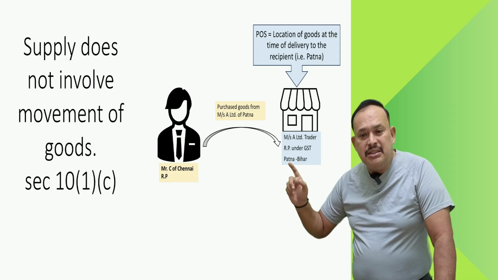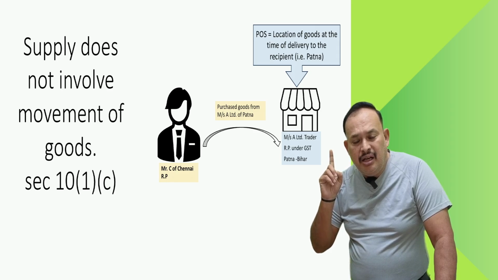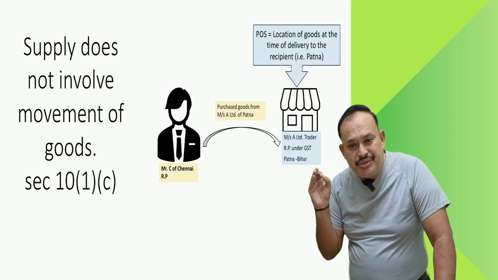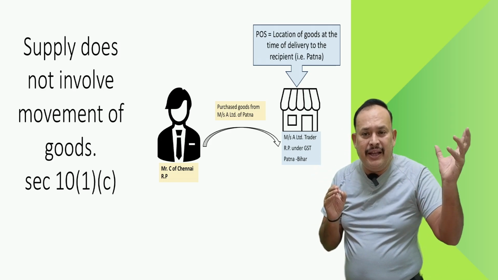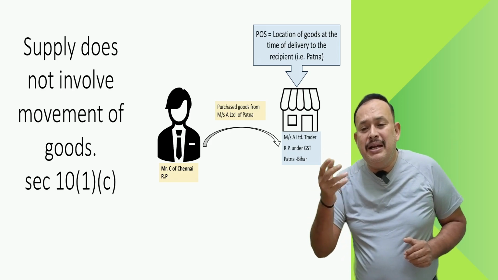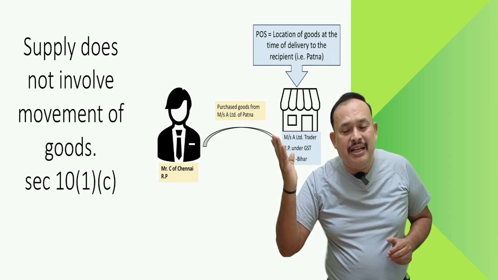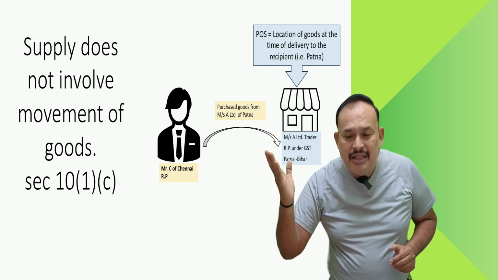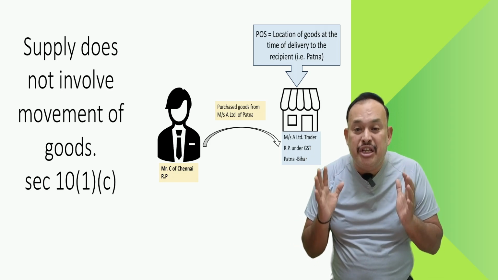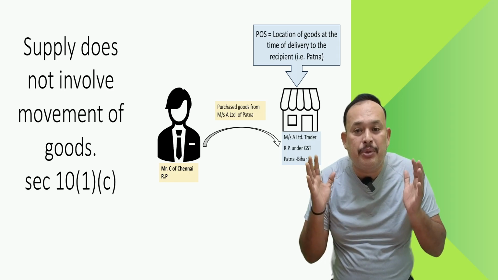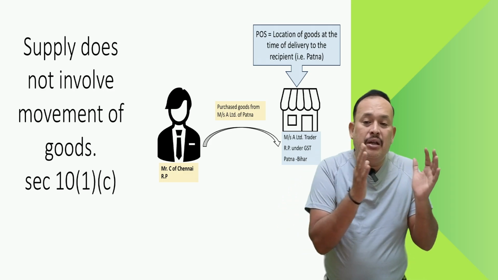That means a transaction between registered persons. Supply involves movement of the goods, 10(1) A. Supply does not involve movement of the goods, then 10(1) C. Provided the transaction should be between two registered persons. Supplier registered person, buyer also registered person.